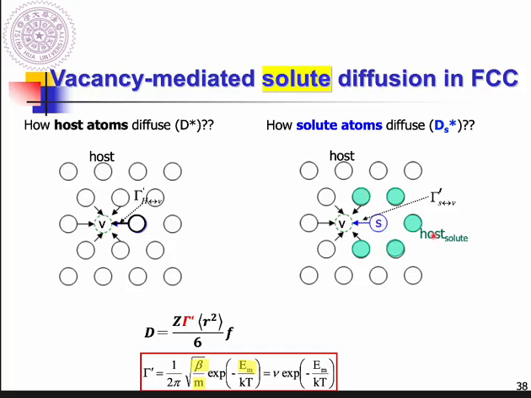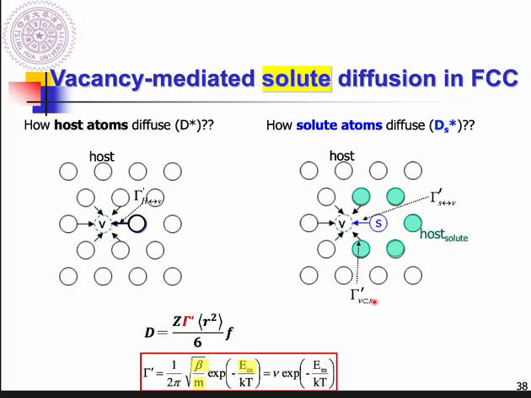The second one is the host atom, but near and surrounded by the solute atom. This green one jumps into the vacancy. So we have the gamma prime, and we should use a V similar to C to represent the host atom surrounding the solute.